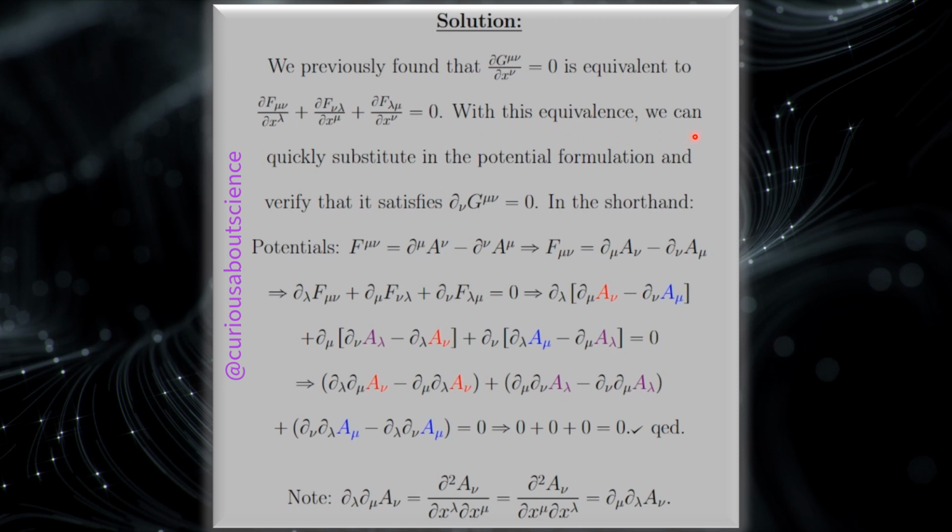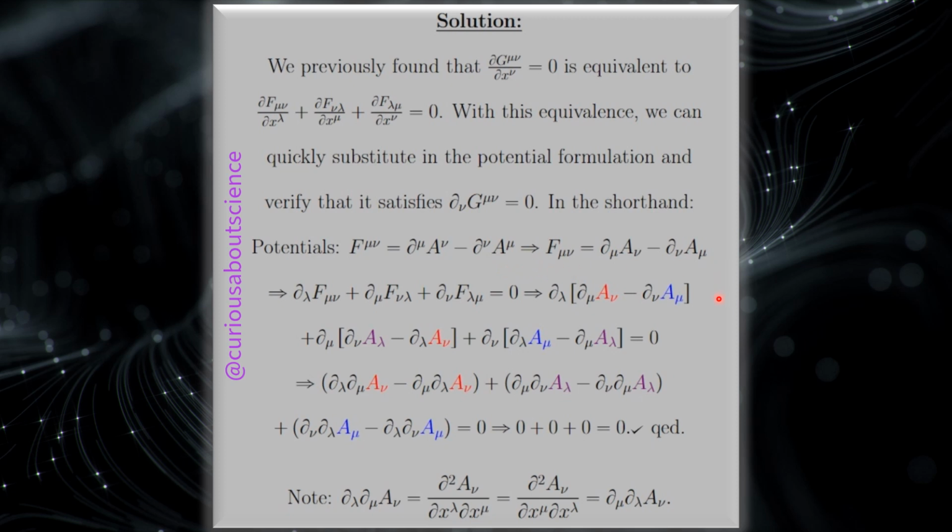With this equivalence, we can quickly substitute in the potential formulation and verify that it satisfies the derivative of the dual equals 0. In the shorthand, the potential is written as F mu nu is equal to D mu A nu minus D nu A mu, block cross terms, of course, and we can lower it accordingly.